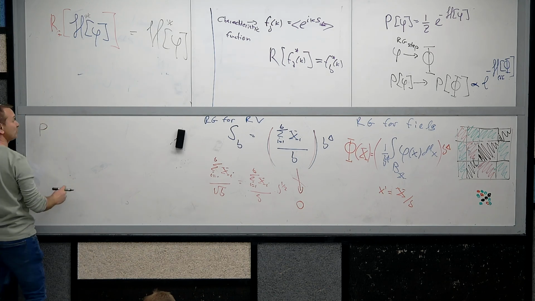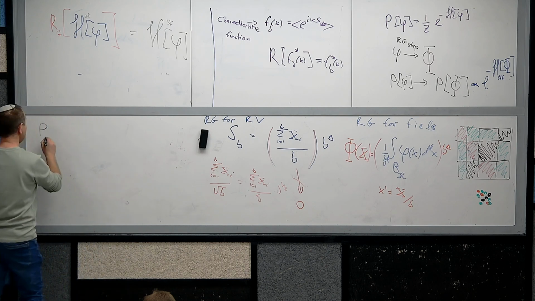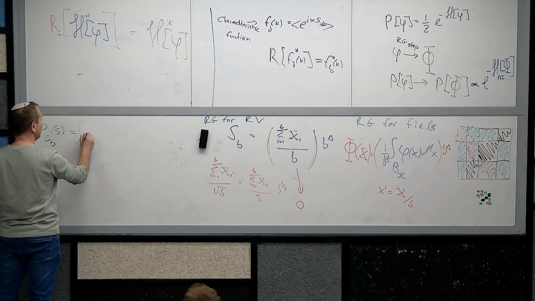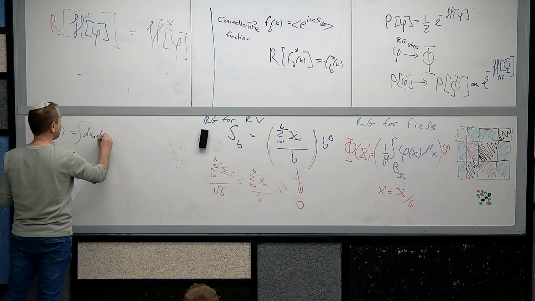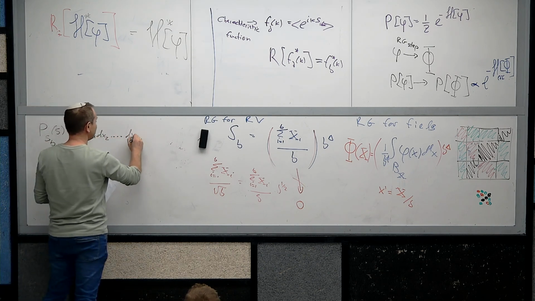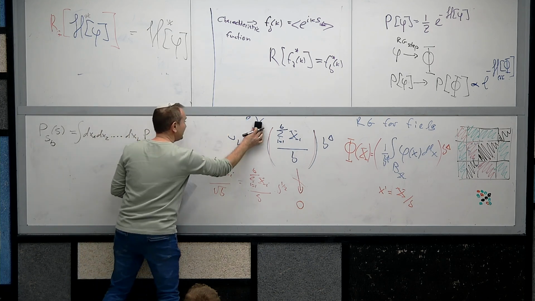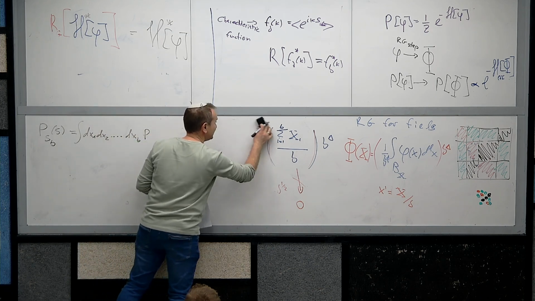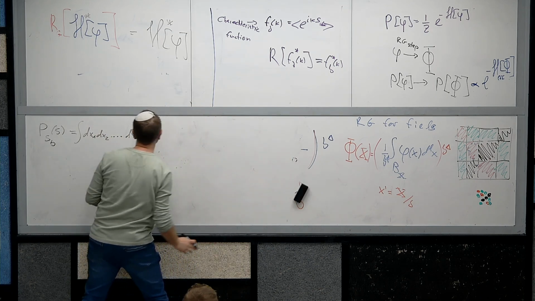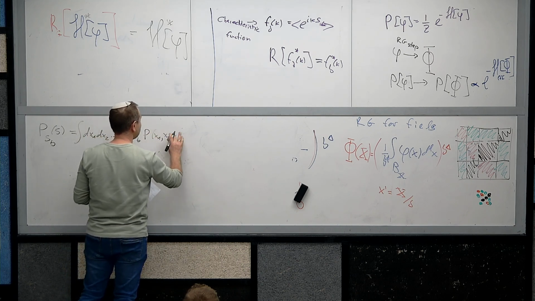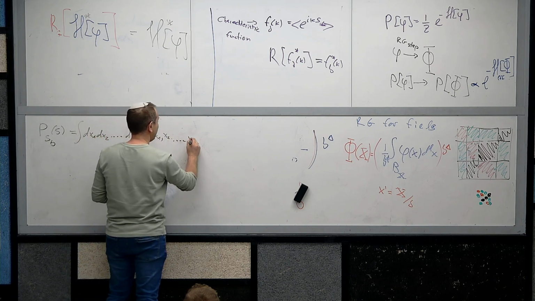So, for random variables, p of s_b is the integration of dx1, dx2, up to dx_b of the probability of x1, x2, up to x_b.